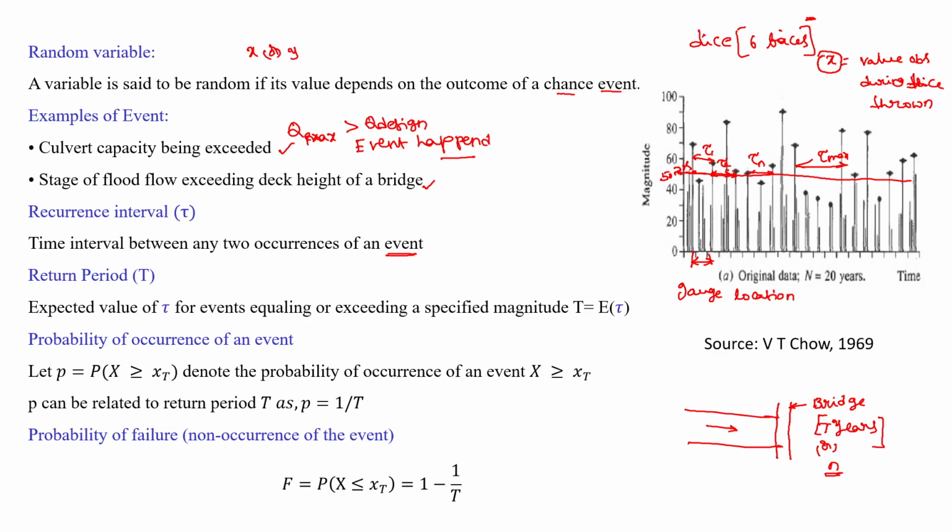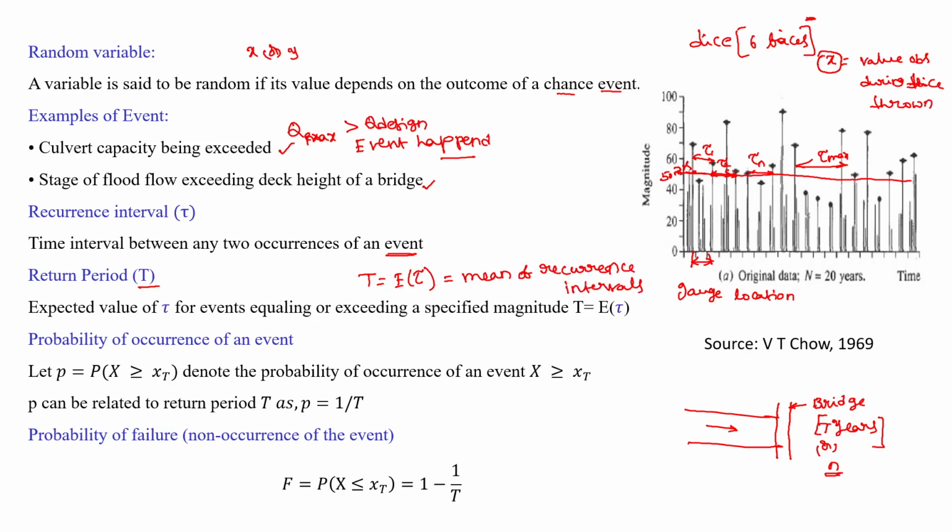So what we do is that we take the expected value of this particular recurrence interval, that is nothing but the return period. So T equal to expected value of tau, which is nothing but the mean of recurrence intervals.